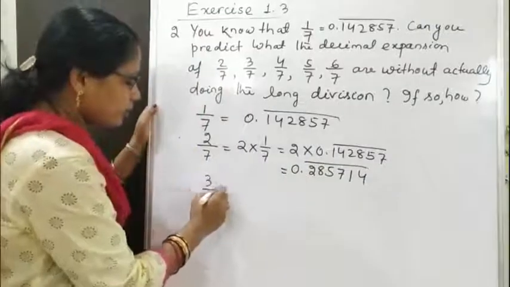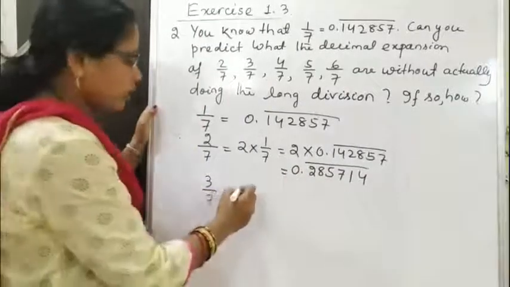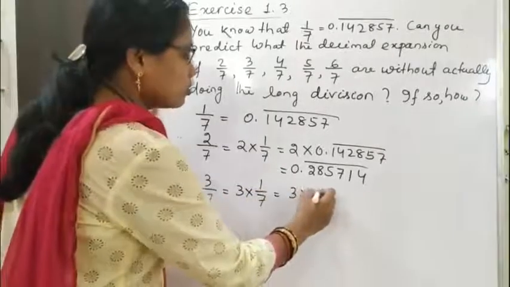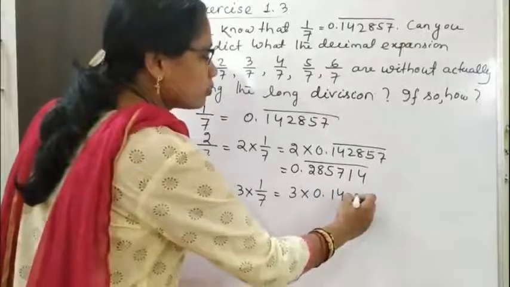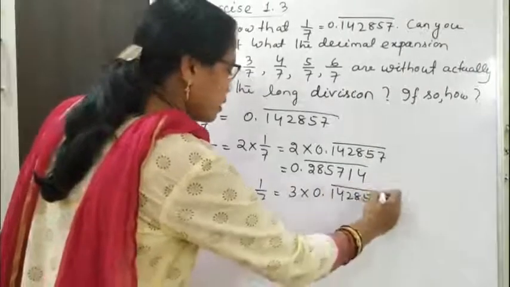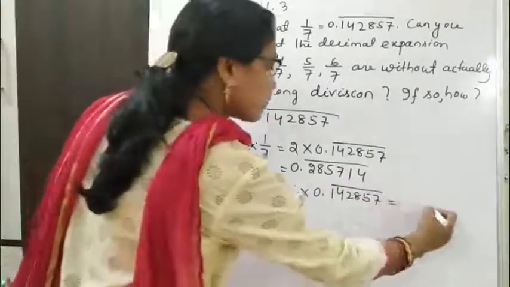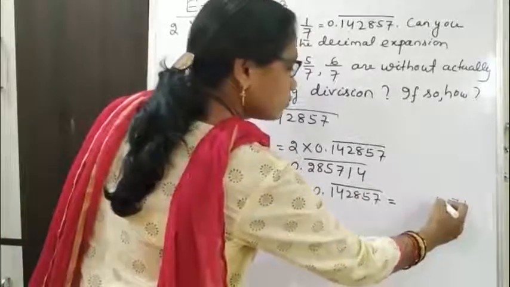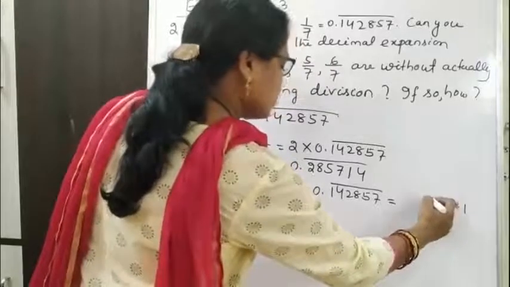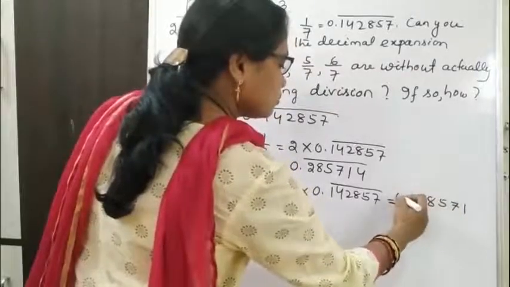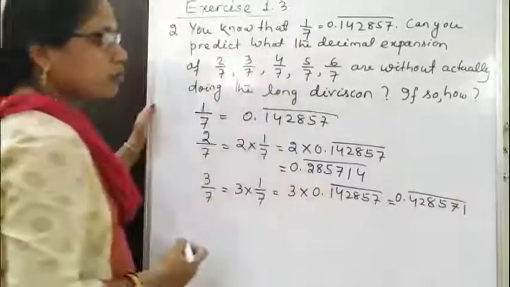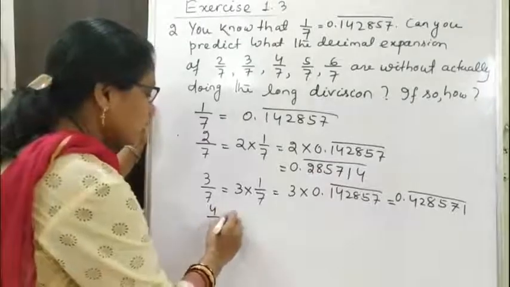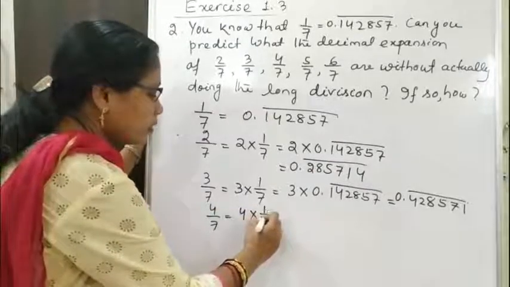Again, 3 by 7 we can find by multiplying 3. So this is 3 into 1 by 7, that is 3 into 0.142857 bar. So this is equal to 0.428571 bar.